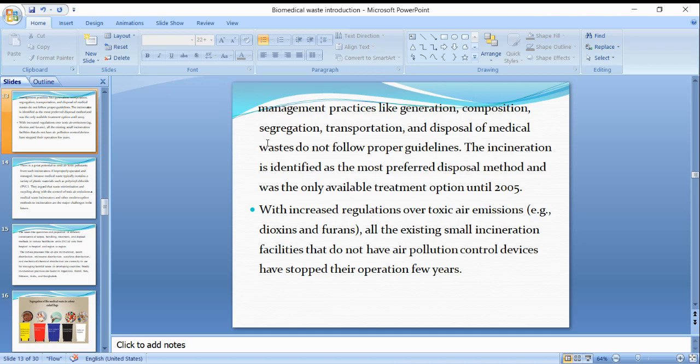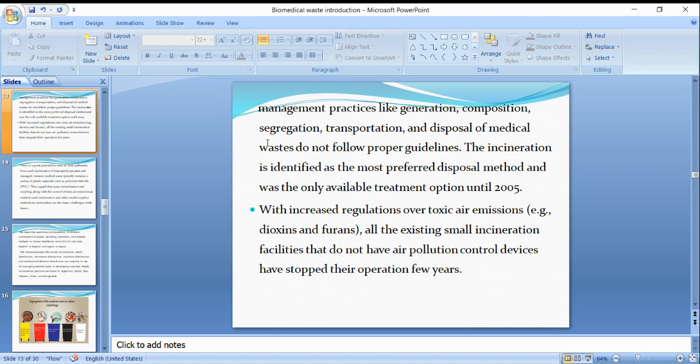With increased regulations over toxic air emissions, as we already said, by burning we get different gases. Dioxins and furans are the toxic emissions released at the time of burning.